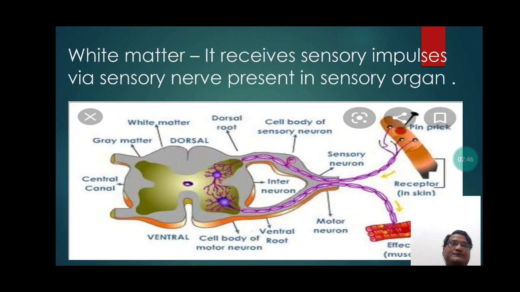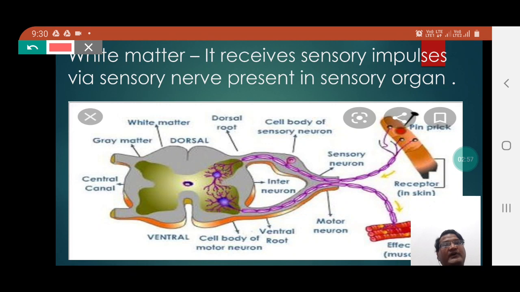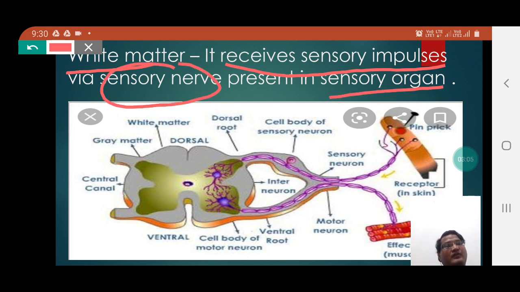White matter receives sensory impulses via sensory nerve present in the sensory organ. So students, if you notice here, this is the sensory organ, that is the skin, which is also called the receptor.